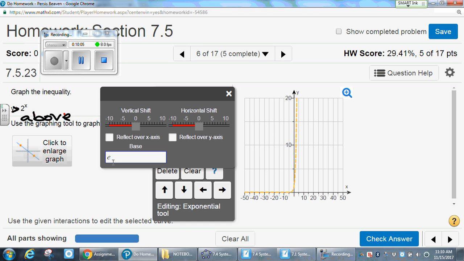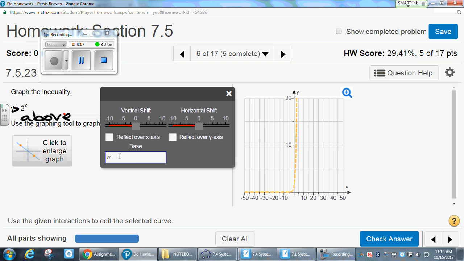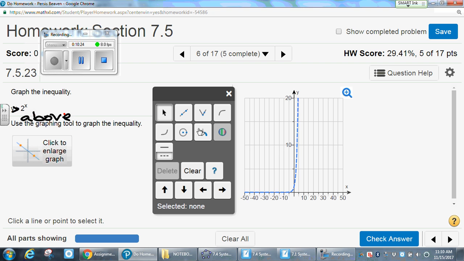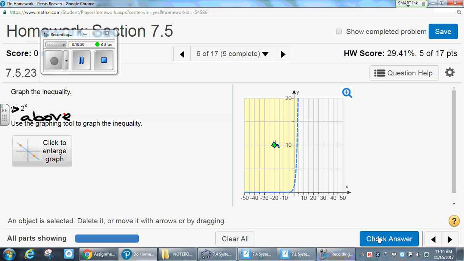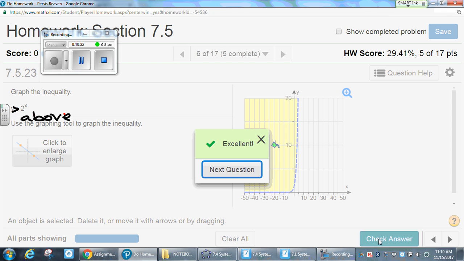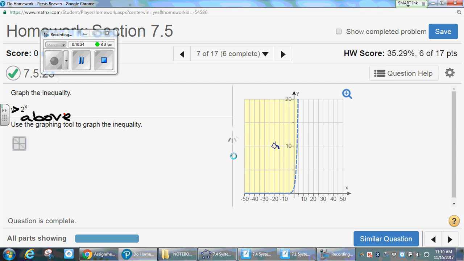We don't have any shifting, it's just the parent function, but we need to change the base to 2. After that, we color above, so imagine above this horizontal asymptote. And that's it.